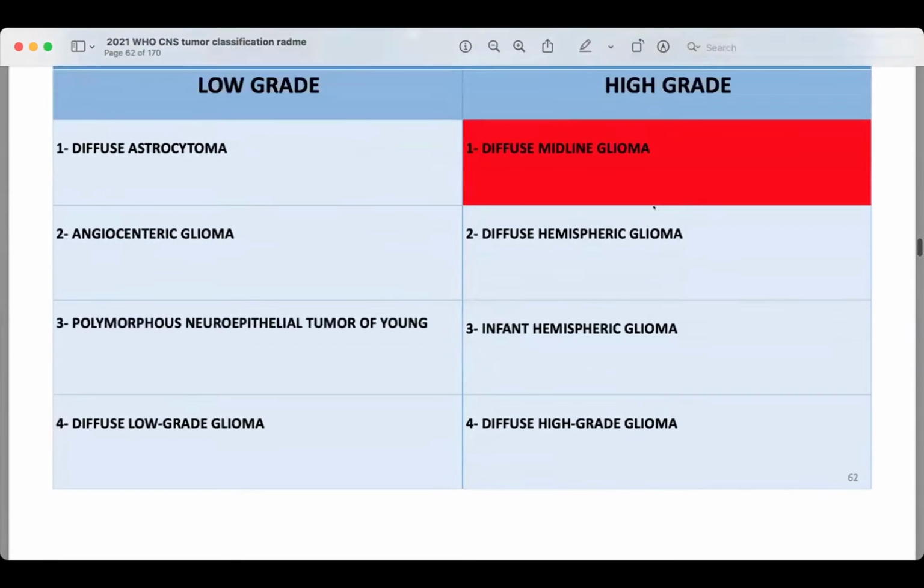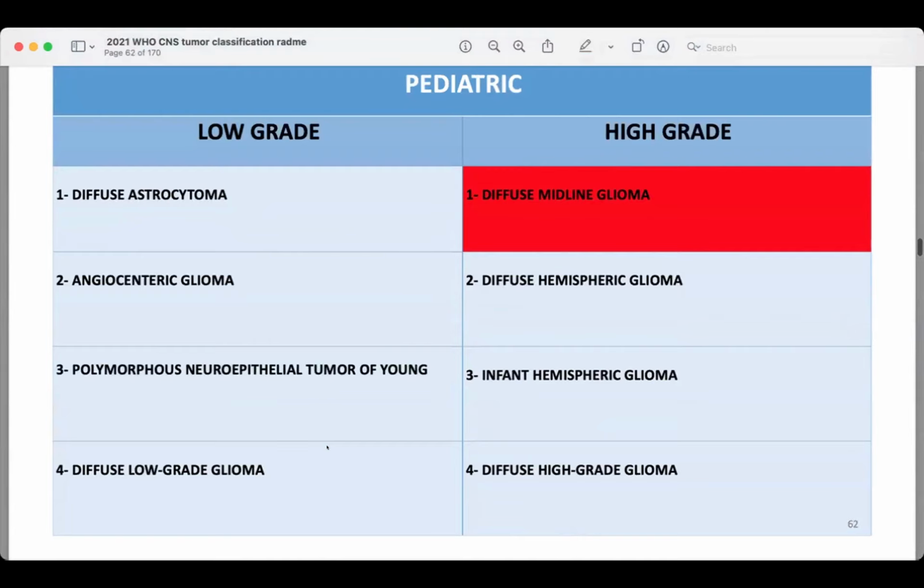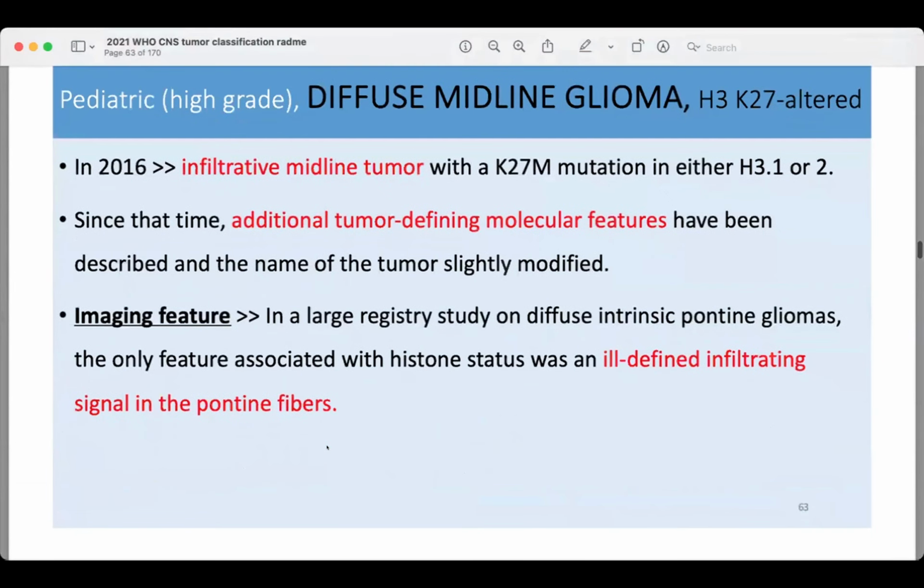And let's start with the diffuse midline glioma. It was first introduced to the classification in 2016 and named as infiltrative midline tumor. It has certain types of mutations also.